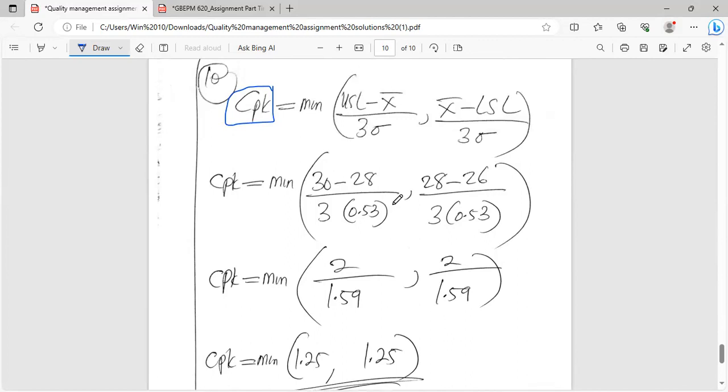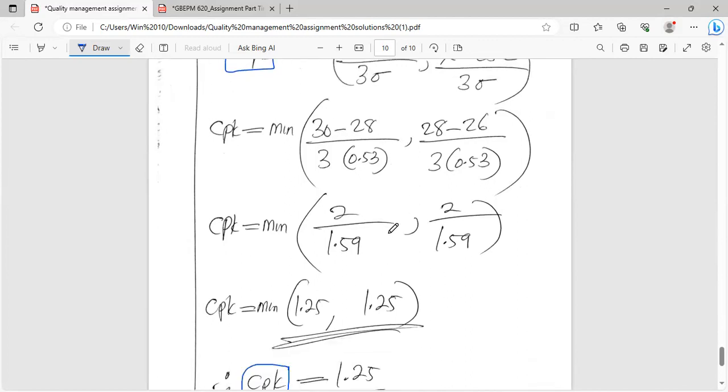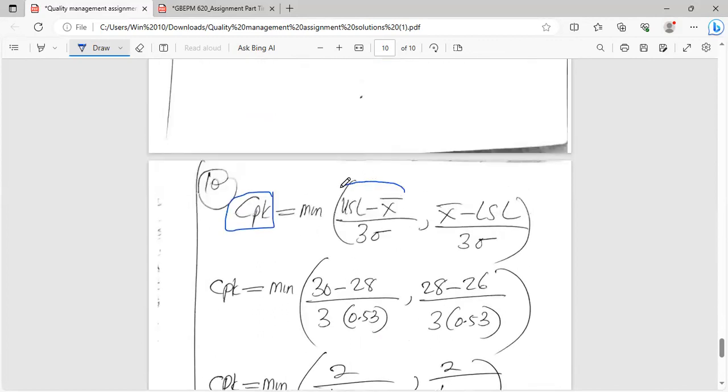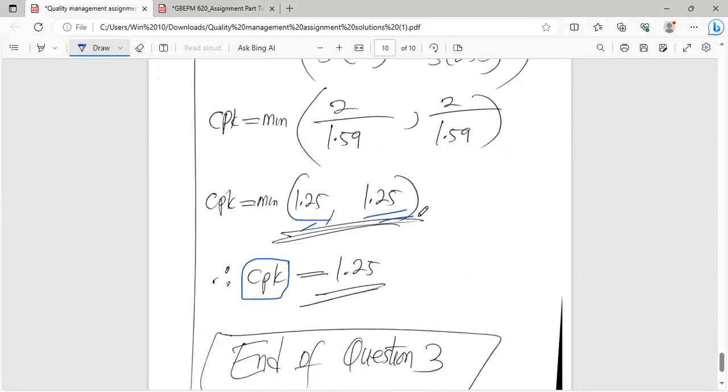Using the adjusted mean, we have the same value using either the upper specification minus the process mean, or the process mean minus the lower specification, over 3 sigma. We are getting the same answers.